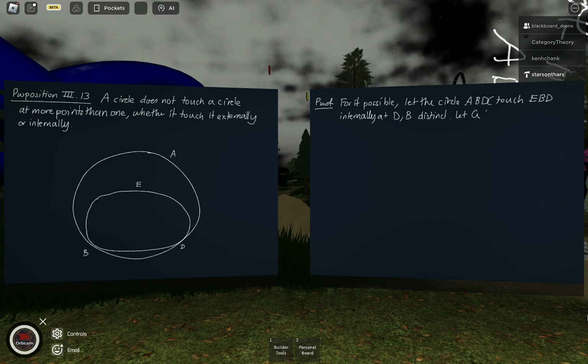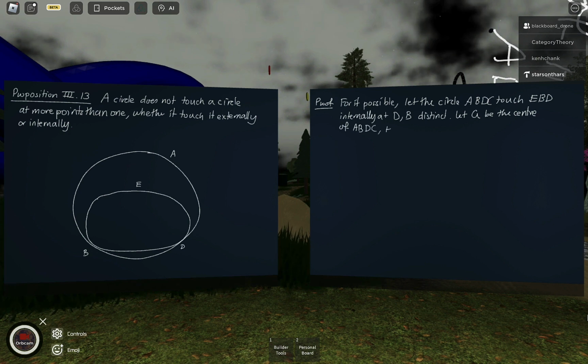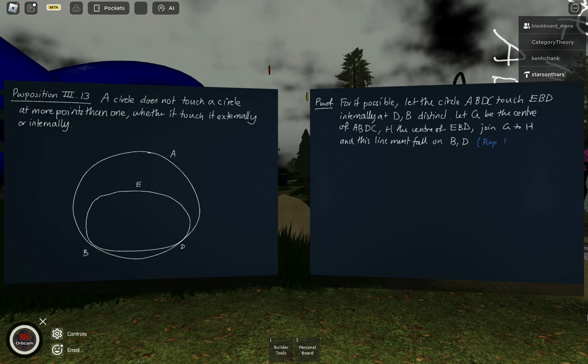Let G be the center of ABDC, H the center of EBD, join G to H, and this line must fall on both B and D by the proposition we just proved, which is fine.